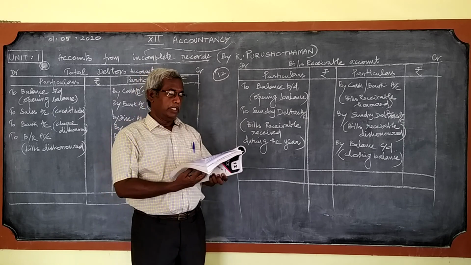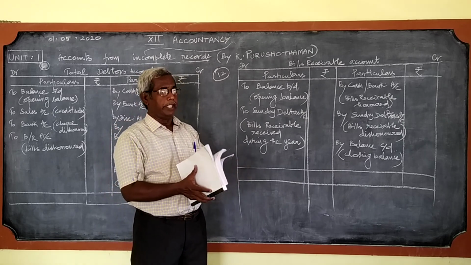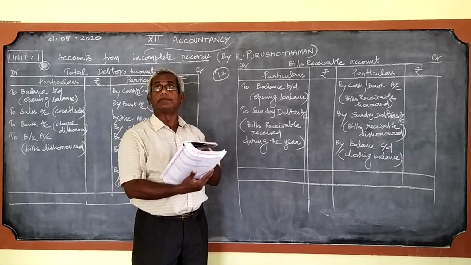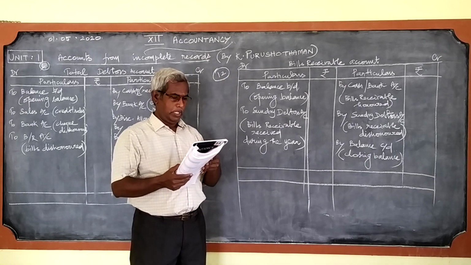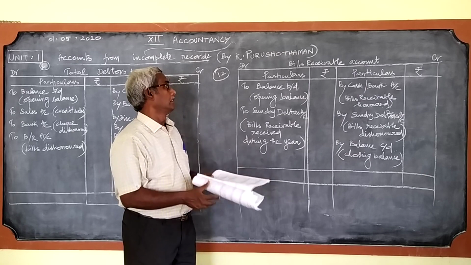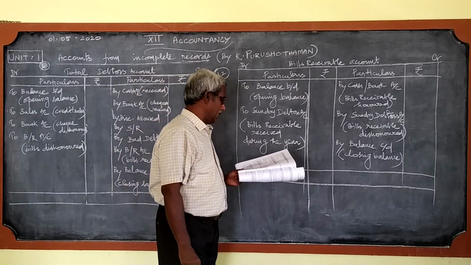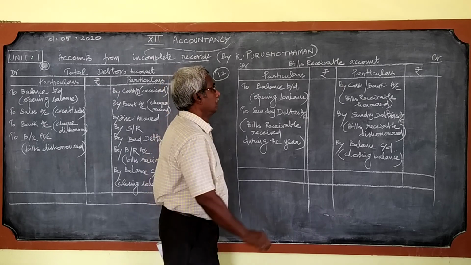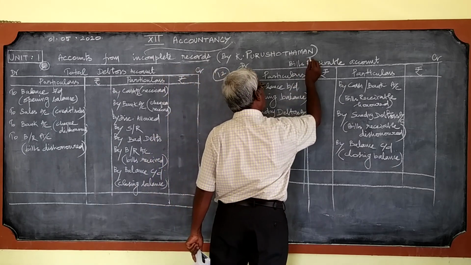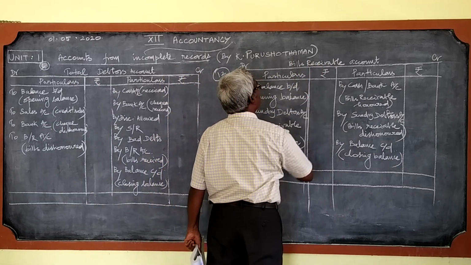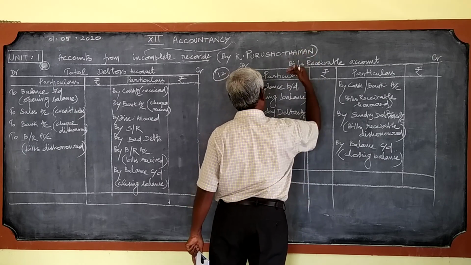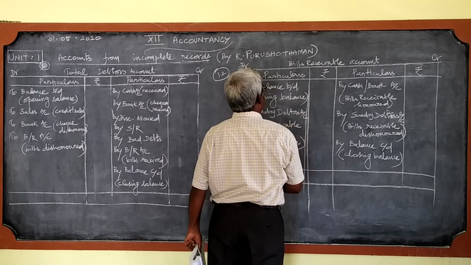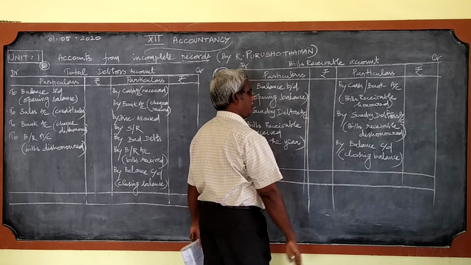Once again, take the textbook, problem number 12. What are the items given there? Bills receivable at the beginning of the year. This is the format for bills receivable account. Under this account, if there is any brought down, that is the opening balance.